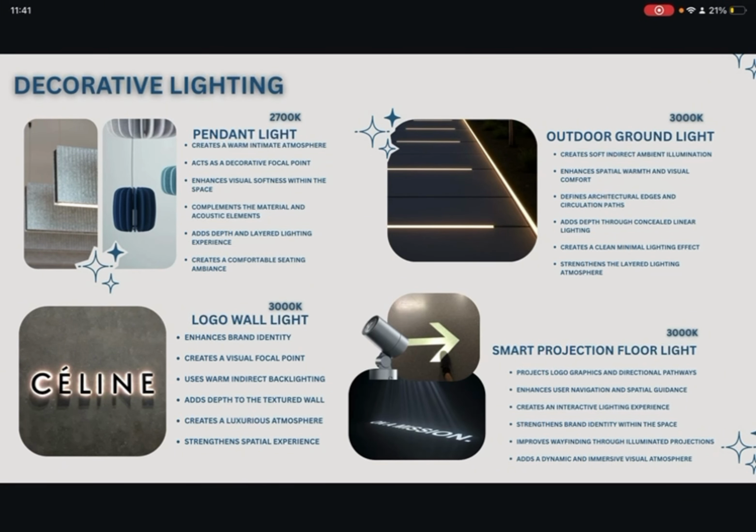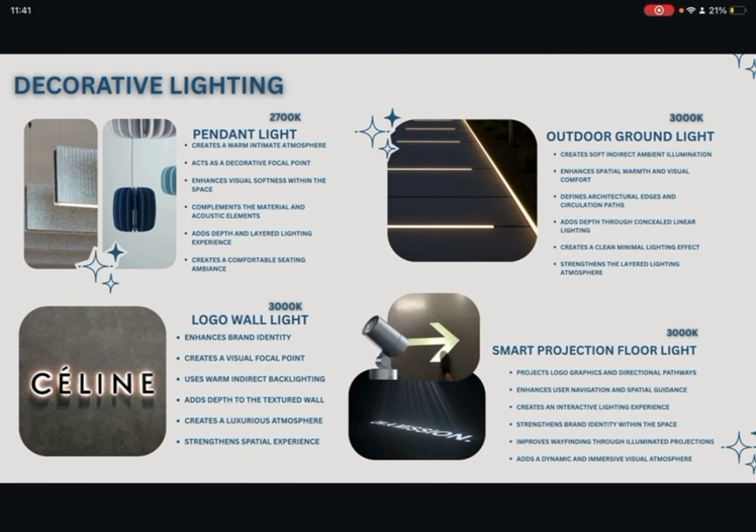About outdoor ground light, it creates a soft indirect ambient illumination, enhances spatial warmth and visual comfort, defines architectural edges and circulation paths, and adds depth through concealed linear light, creating a calm minimal lighting effect and strengthening the layered lighting atmosphere.